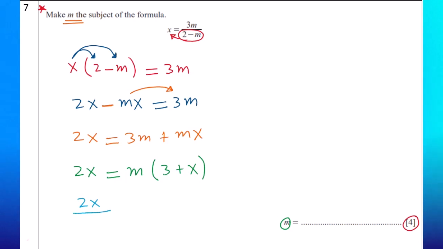So 2x over 3 plus x is equal to m. This is the final answer that you have here, 2x over 3 plus x.